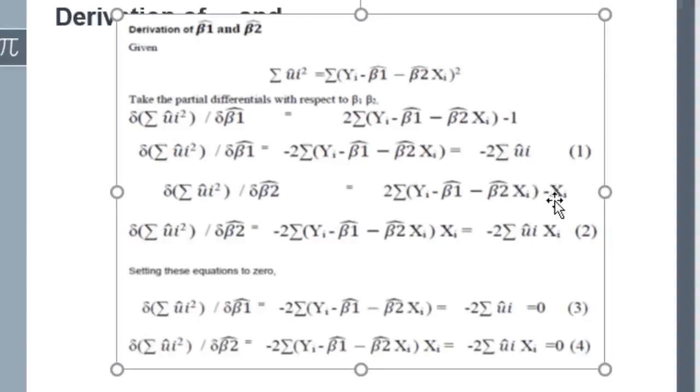In the same way, we can multiply this minus 1 with this 2, then we will get minus 2 sigma of this function itself and the remaining portion xi.